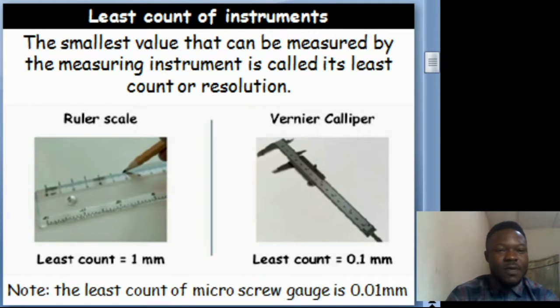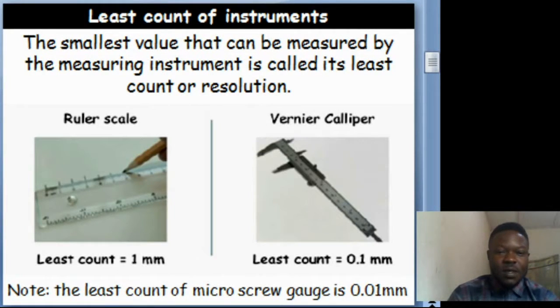That is what we mean by millimeter. If you look at it, it's very small, and that is why the least count for a ruler is 1 mm, 1 millimeter, and that of vernier caliper. You'll be familiar with vernier caliper to measure very tiny things like the thickness of paper. The least count of vernier caliper is 0.1 mm. These are instruments used in measuring length.